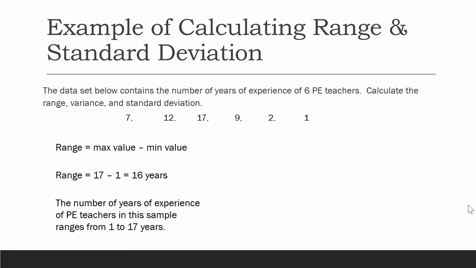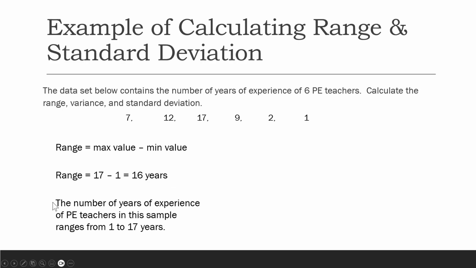Now, for me personally, that range is valuable to know, but a lot of times I'd like to know the actual minimum and maximum values. So sometimes I'll report my range by just using the minimum and maximum values. But the range is truly just one value, which is 16 years.